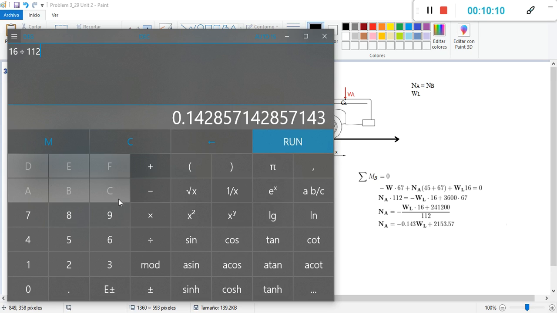And from here, we're going to divide 241,200 over 112, and it's 2,153.57, and that is what we have here.